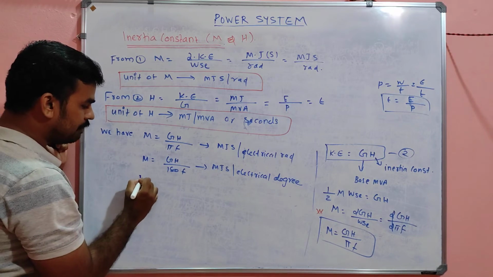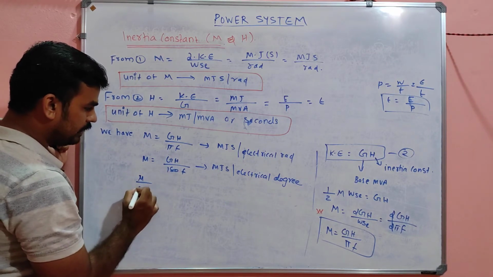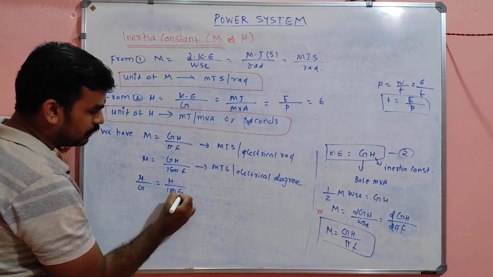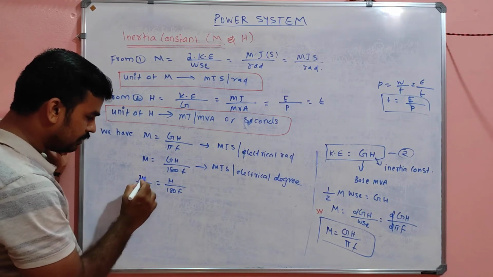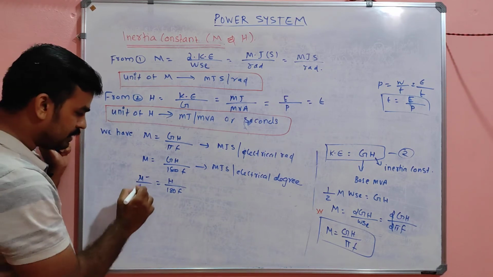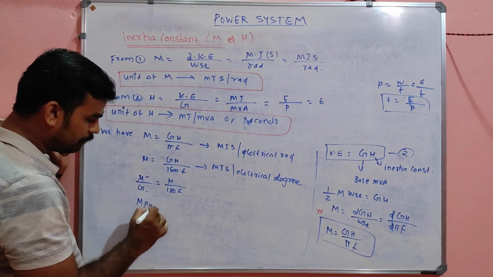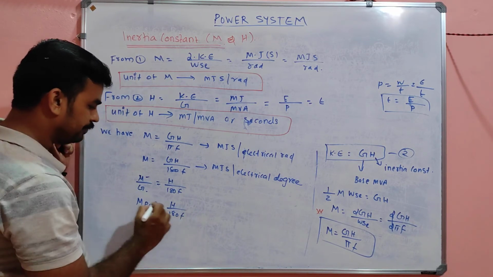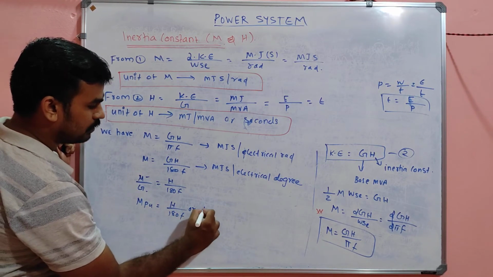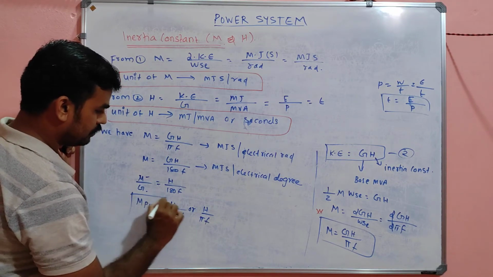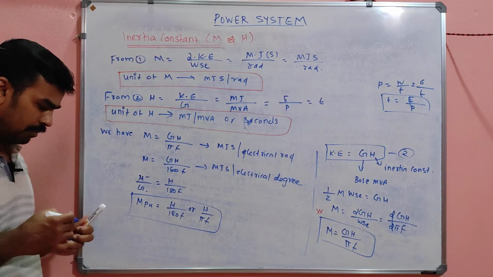If you divide M by that base MVA, M by G is H divided by 180 into f, which is the moment of inertia with respect to base MVA. That is the per unit moment of inertia, H divided by 180 f, or H divided by pi f. This is in per unit quantity.